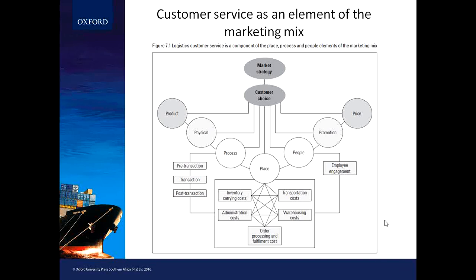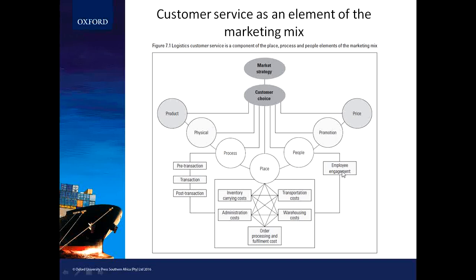That is how the product moves into the elements of the market mix, these three important areas with promotion and place, promotion and price.